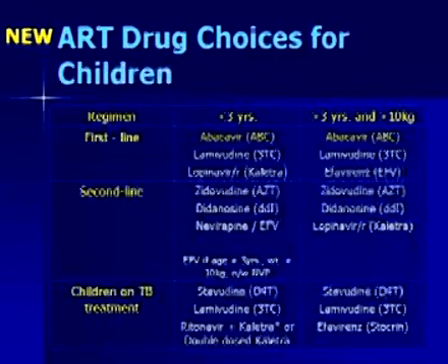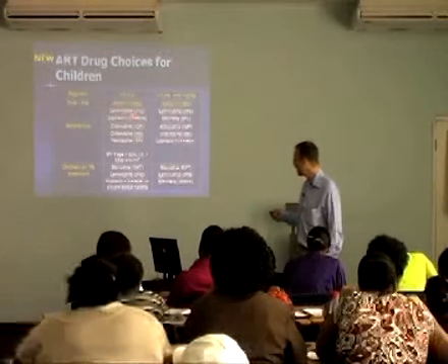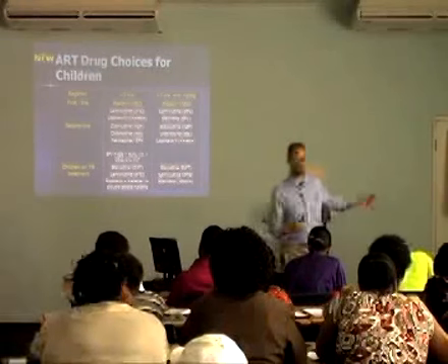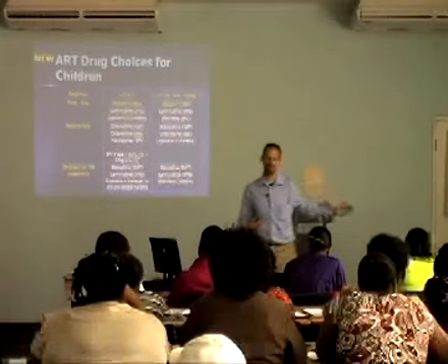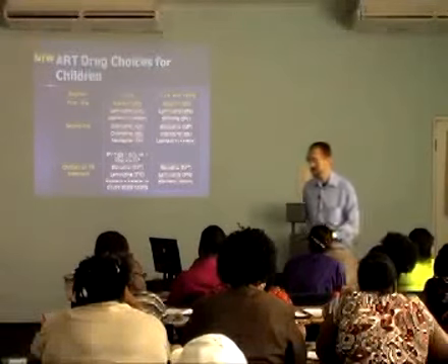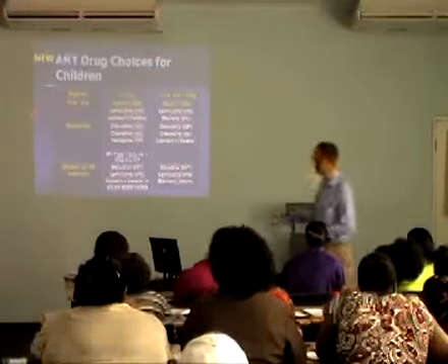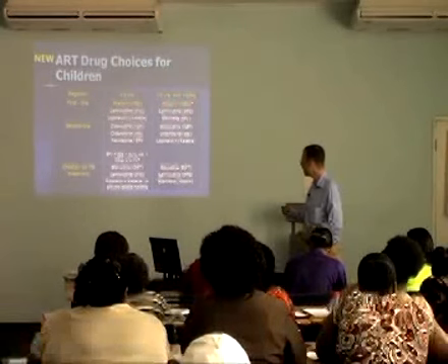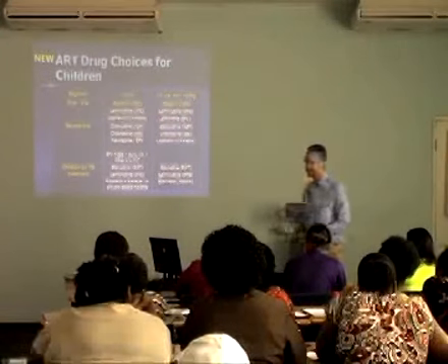So we've changed abacavir for D4T in your first line regimens for children. The others remain the same. So for children less than 3, remember it's 2 NRTIs, abacavir, lamivudine, plus something else. And for children less than 3, the something else is a protease inhibitor, Kaletra or Aluvia. For children over 3 years, it's the same 2 NRTIs, plus they use Stocrin.